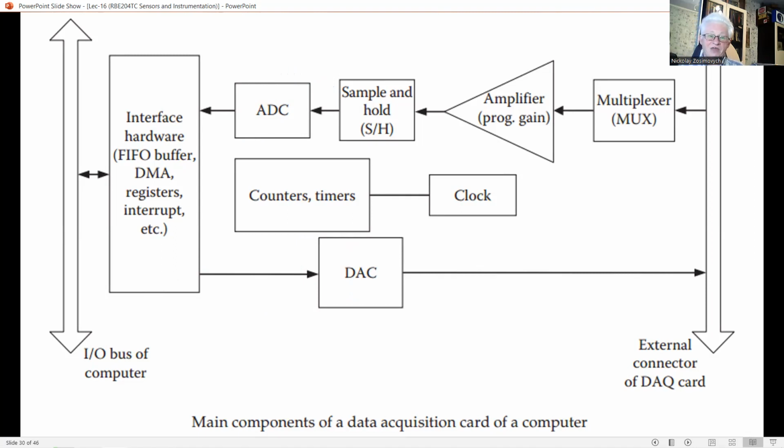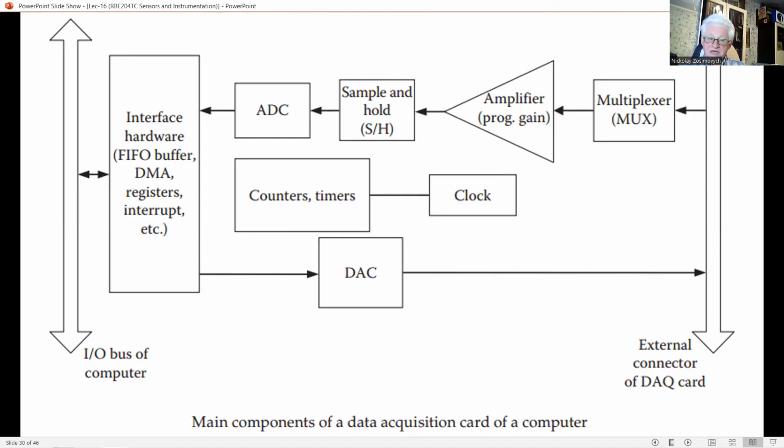For this, the analog signal is first sampled into a sequence of discrete values, and each discrete value is converted into the digital form. During this conversion, the sampled discrete value has to be maintained constant by means of S/H hardware.